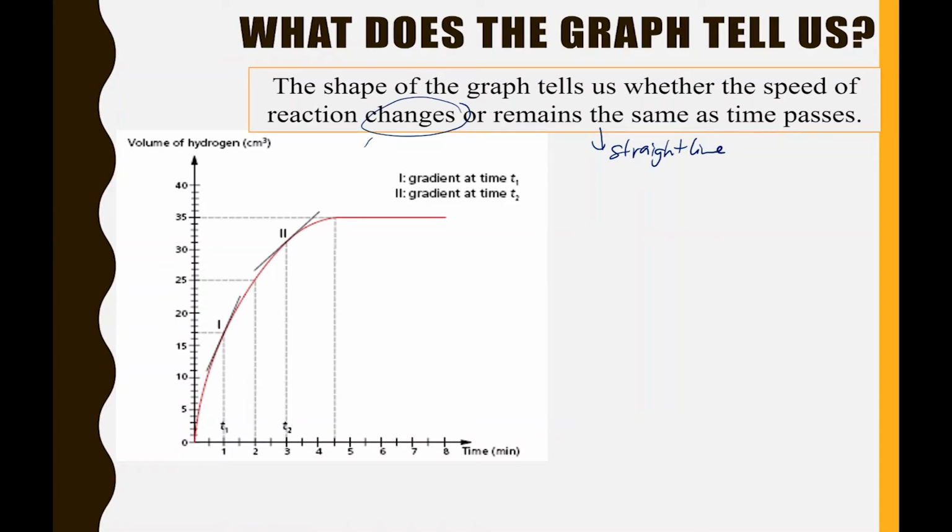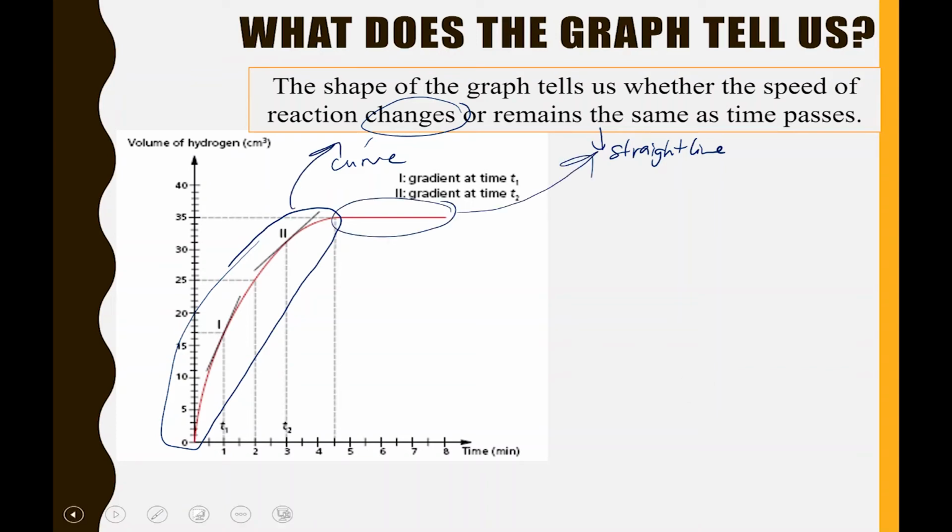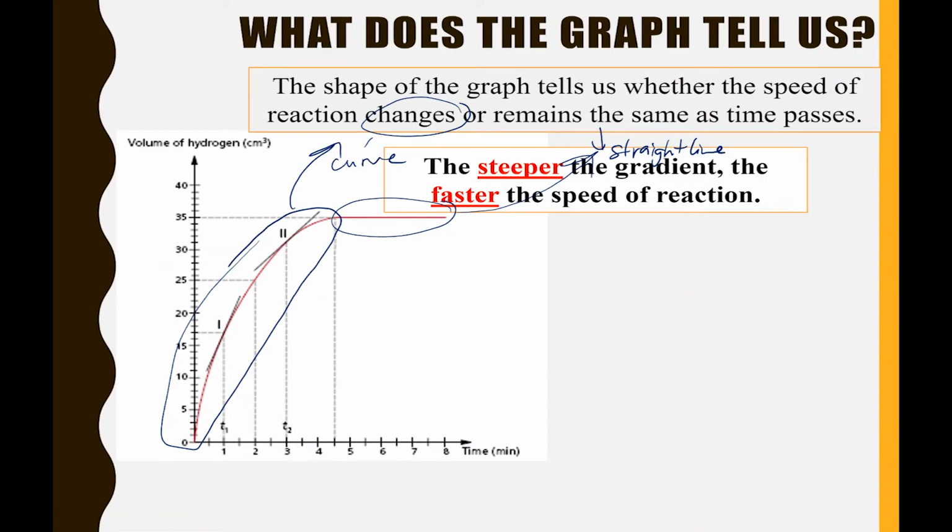Like in this case, there is a curve, whereas here it does not change because it's a straight line. The steeper the gradient, the faster the speed of reaction.